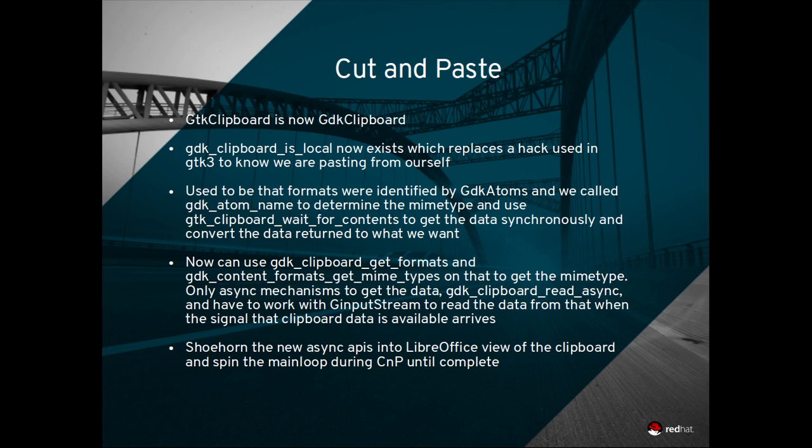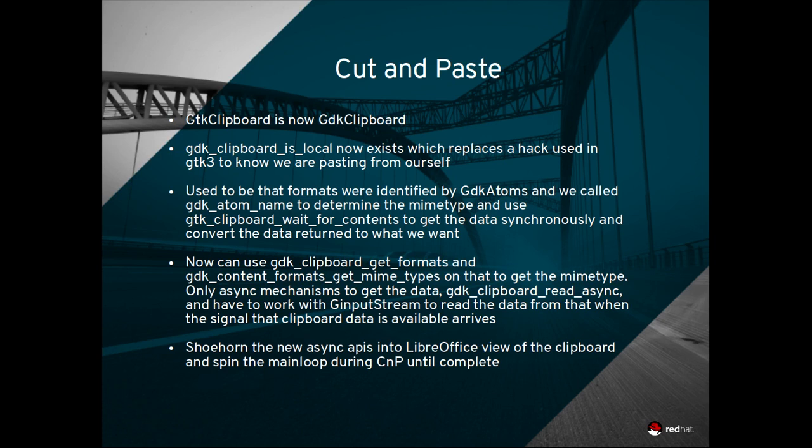It's more complicated now with GTK4. We can use gdk_clipboard_get_formats, and we have the ability to call gdk_content_formats_get_mime_types to get the MIME types that we want, so that's more straightforward than the previous mechanism. But there's only an asynchronous mechanism to get the data now.